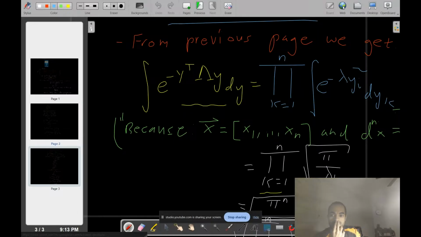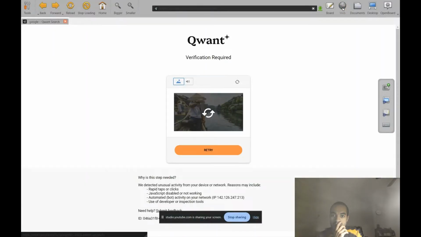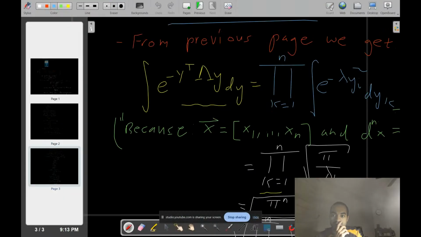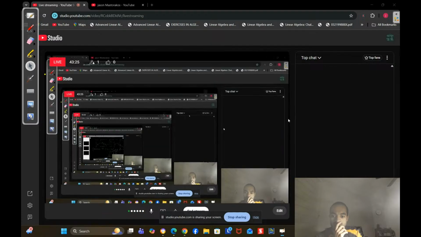Do you guys have any questions on this part here? This part is annoyingly tricky, just annoying in general. Does anyone want to say anything? Anyone interested in solving this?